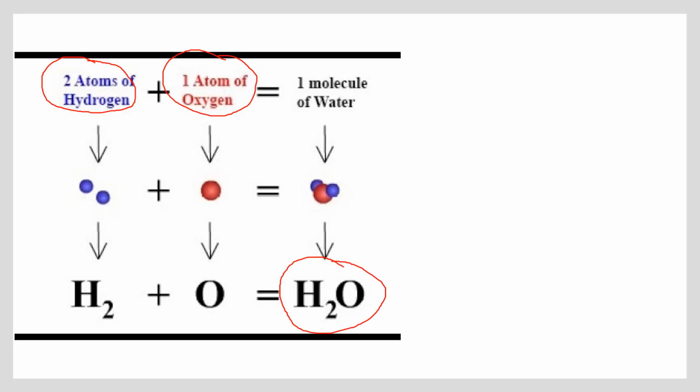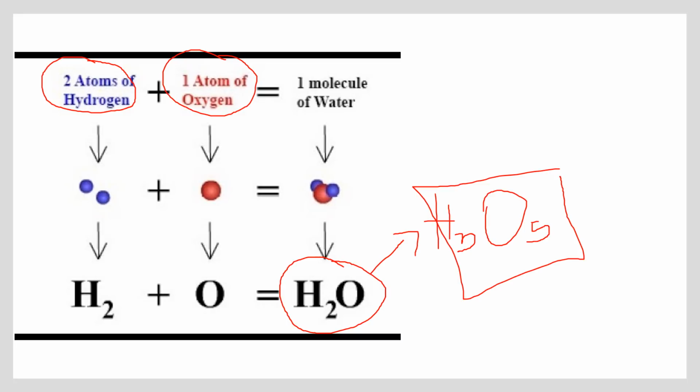That is the definite proportion of a water molecule. It's 2:1. Now what if we change this, for example, into H3O5? Can you still call this H3O5 a water molecule?